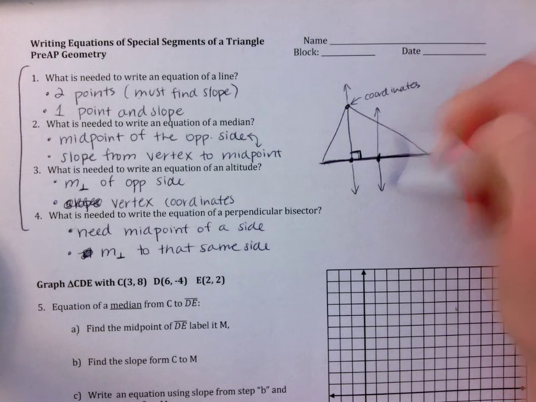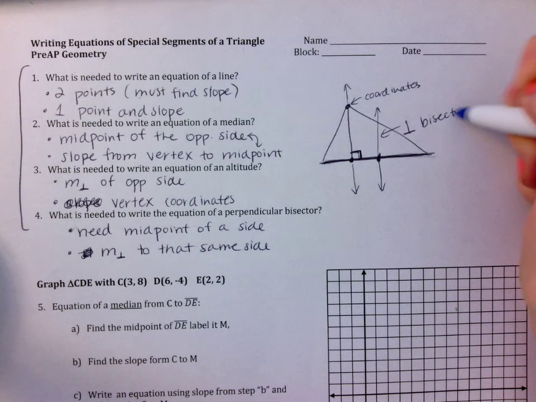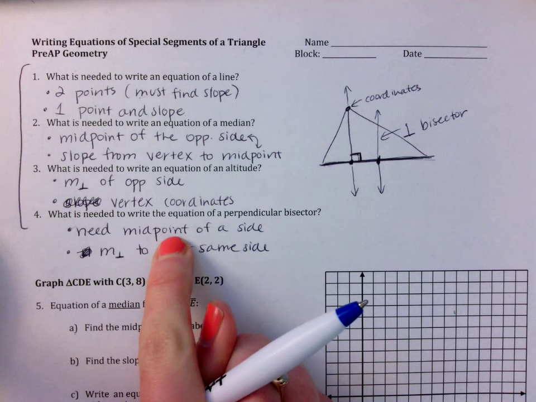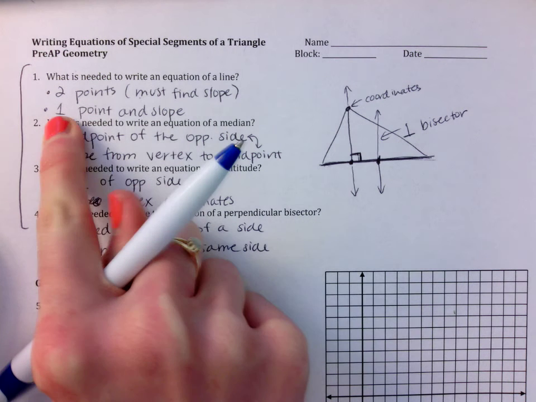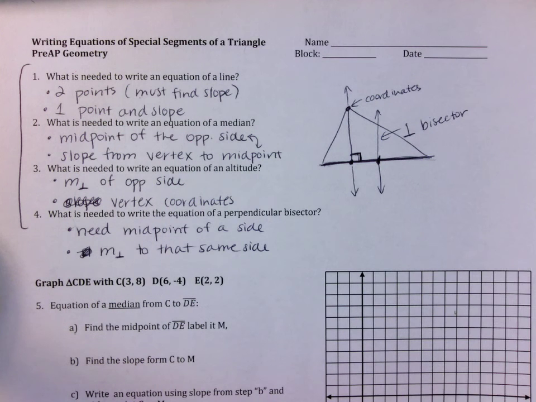So this would be perpendicular bisector. And again, there you have a slope, and the midpoint serves as your point, so it satisfies this 1 point and 1 slope needed in order to find the equation.